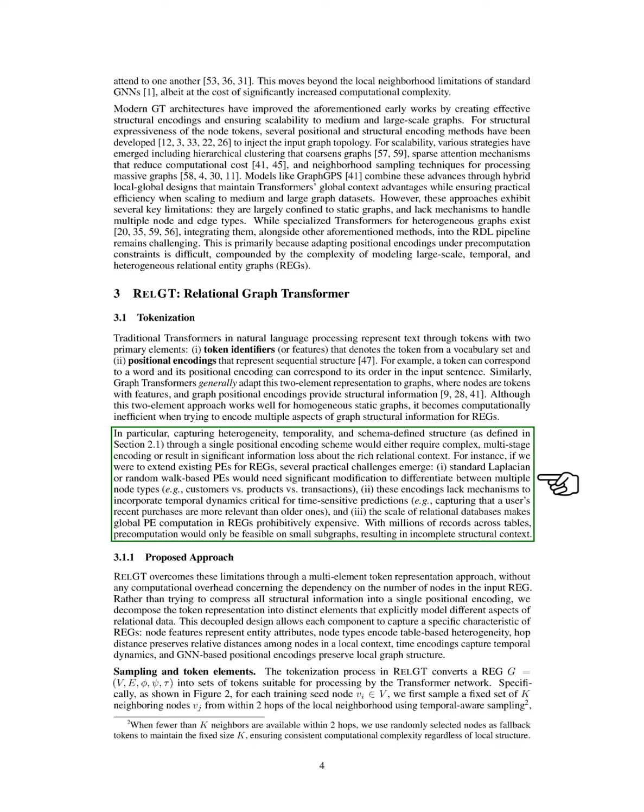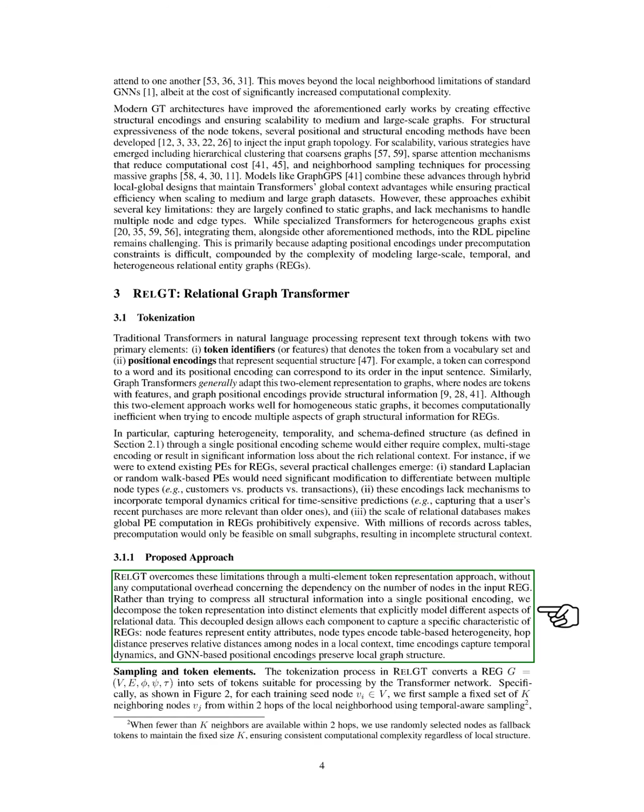Standard Laplacian or random walk-based encodings would need major adjustments to distinguish between different node types, such as customers, products, and transactions. These encodings do not account for temporal dynamics crucial for time-sensitive predictions. And the scale of relational databases makes global positional encoding computation prohibitively expensive, as precomputation would only be feasible on small subgraphs, leading to incomplete structural context.